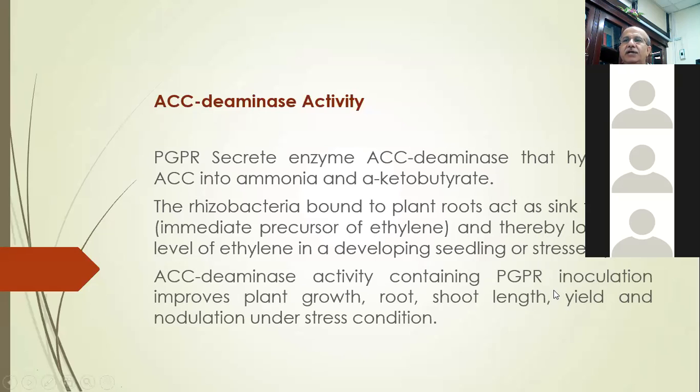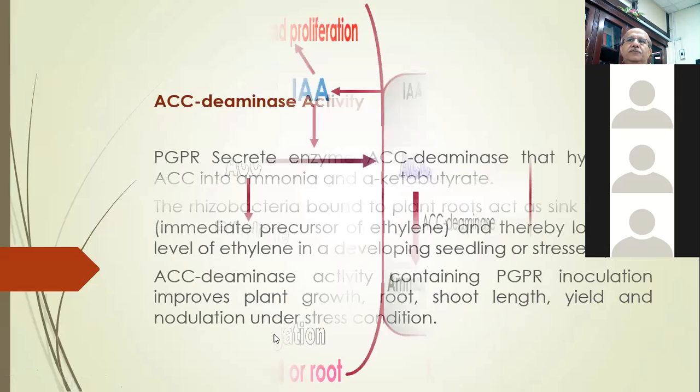So as I said, I will explain all this in the next slide from a picture. ACC deaminase activity containing PGPR inoculation improves plant growth, root and shoot length, yield, and nodulation under stress condition.